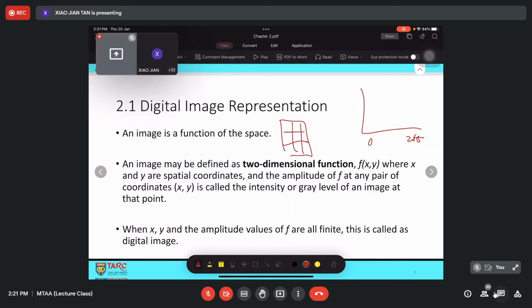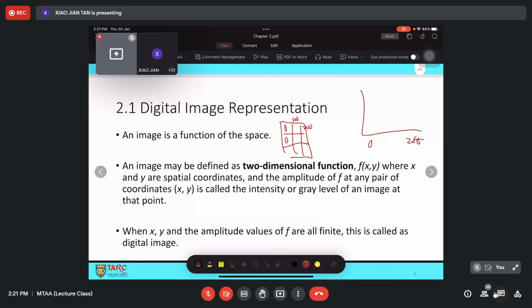This is 0, 100, 200, 0, 100, 100, 0, 100, 100. So you would expect your graph, this would be the frequency or what we call amplitude. And this would be the intensity.